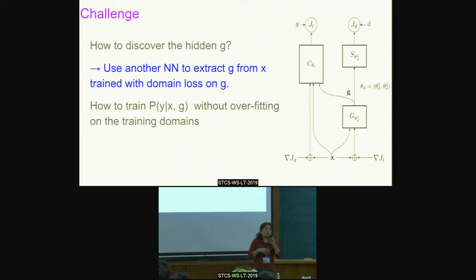But the important thing is, how do you train it so that it will actually keep G and not something else?